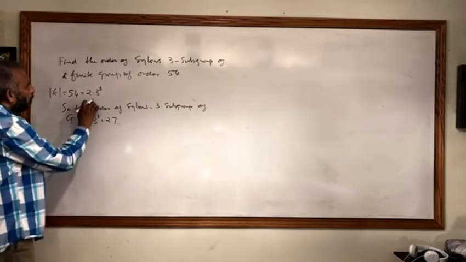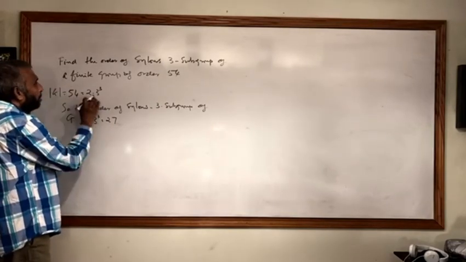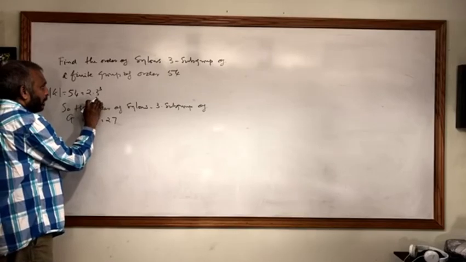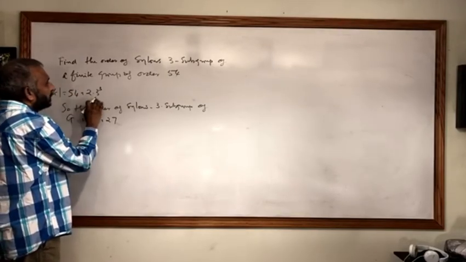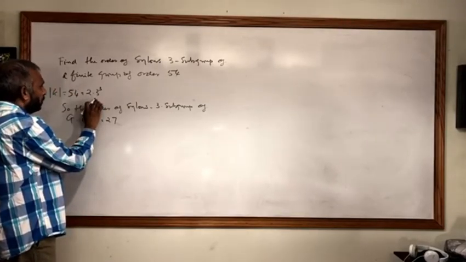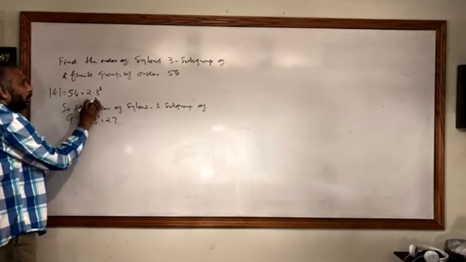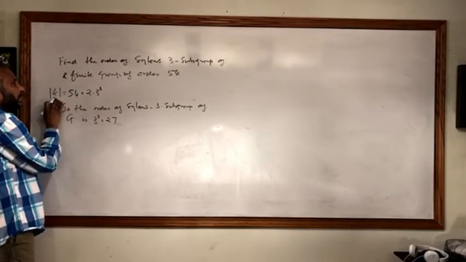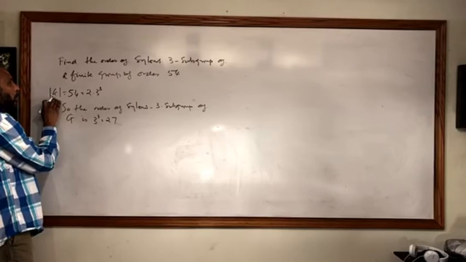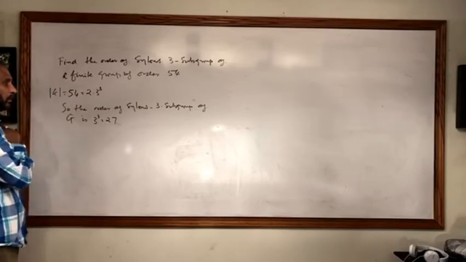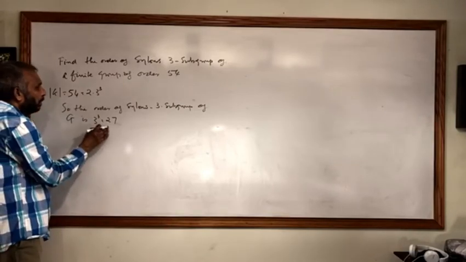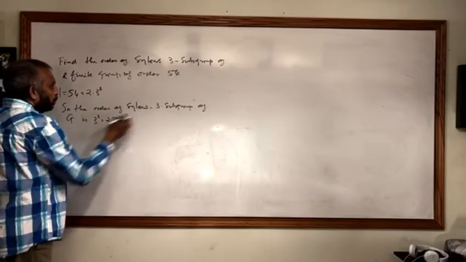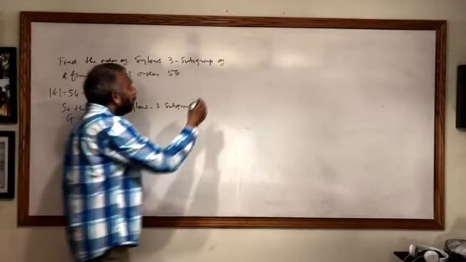There is no bigger 3 subgroup of G when the order of G is 54. This is the maximal 3 subgroup.